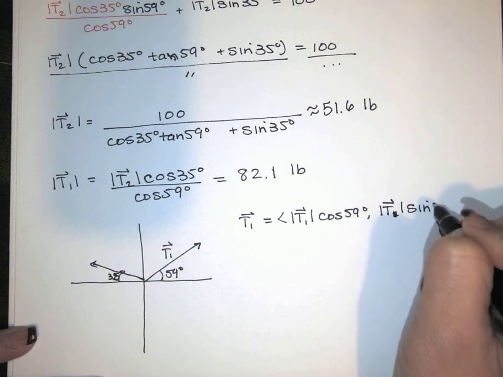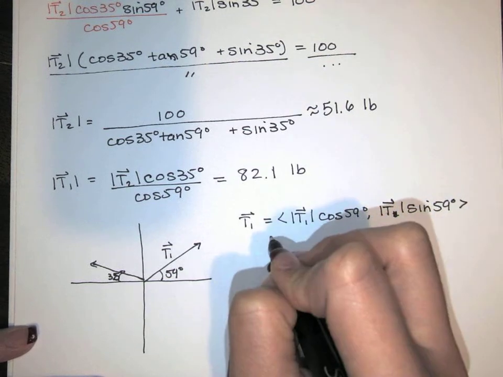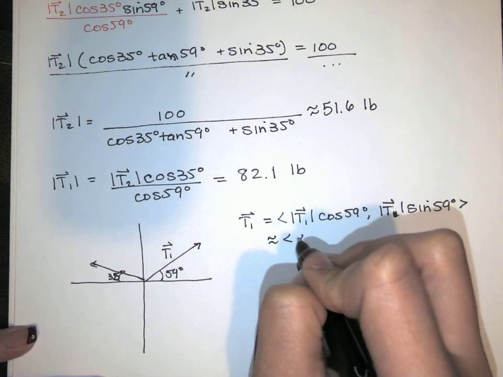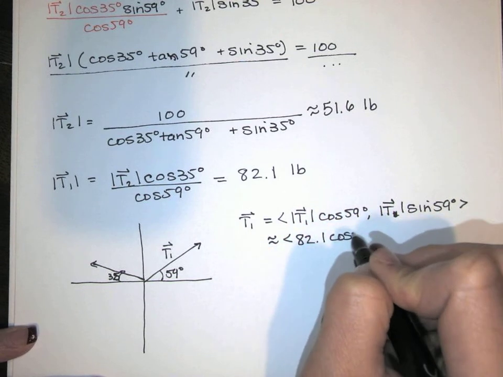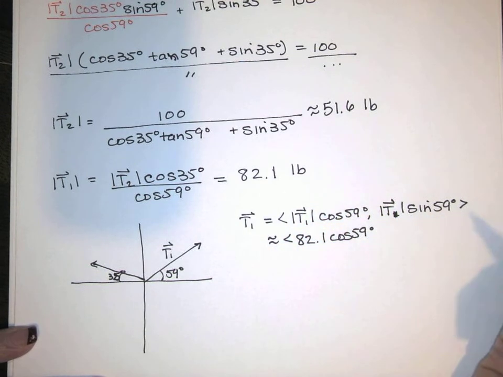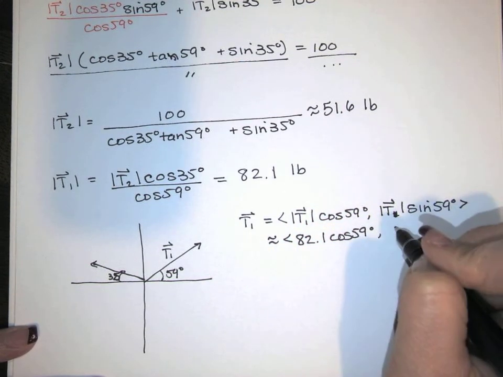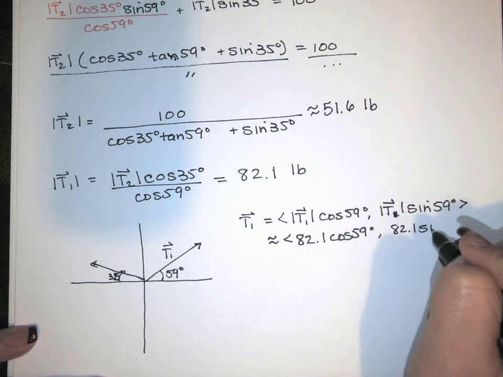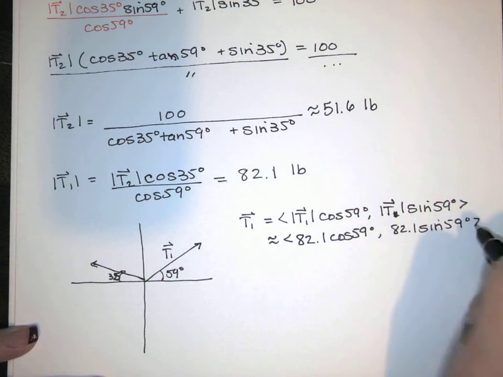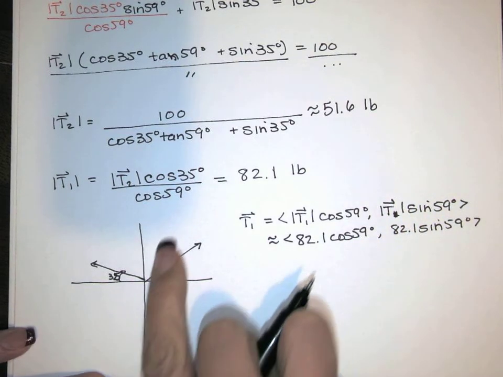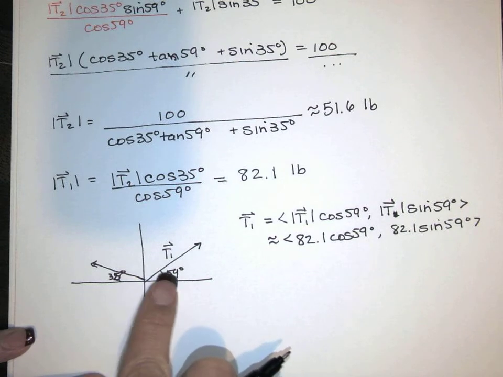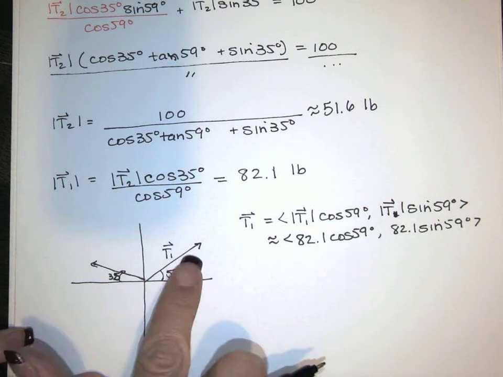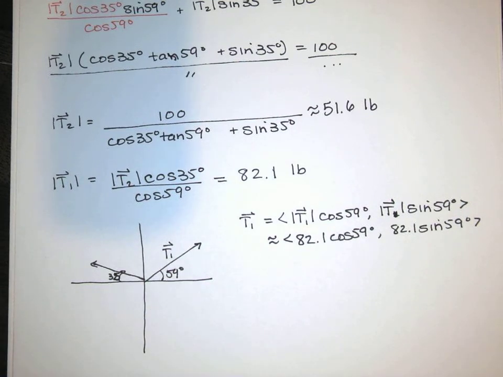So I get approximately 82.1 times cosine of 59, and 82.1 times sine of 59. I'm sorry, my picture is so bad. 59 degrees is going to be up here. It's closer to 2/3 of 90.